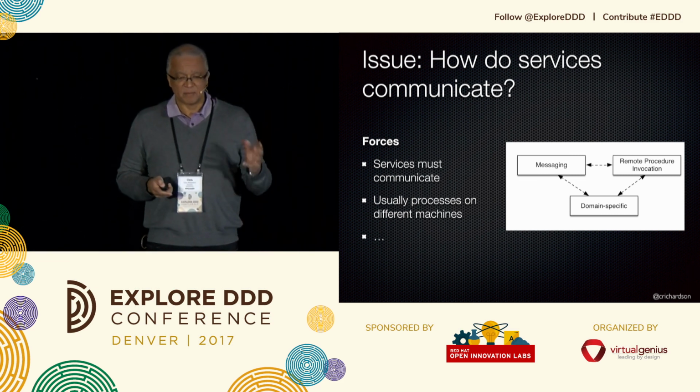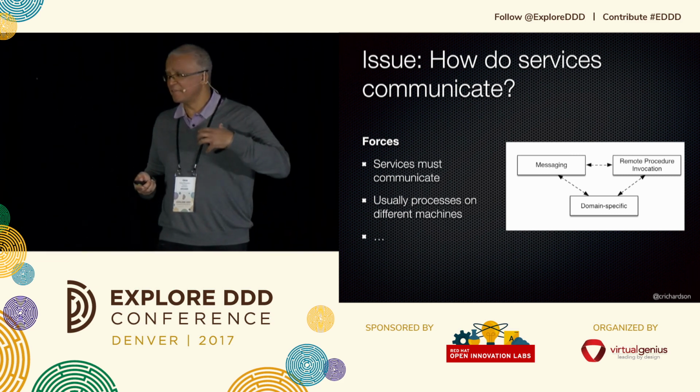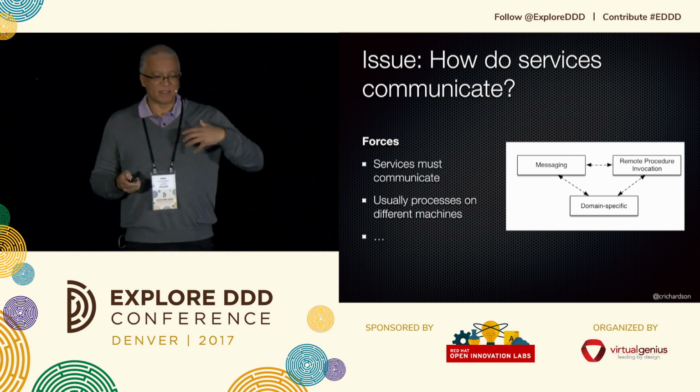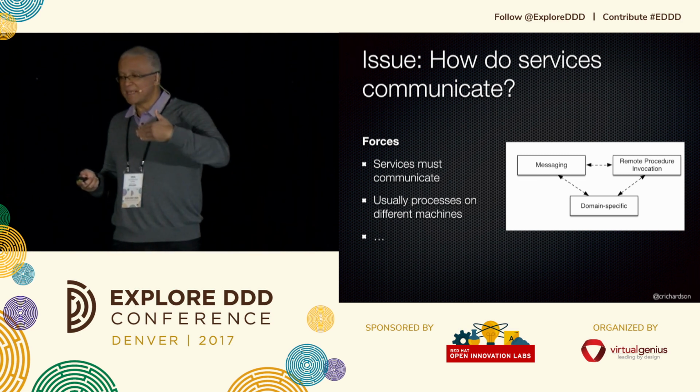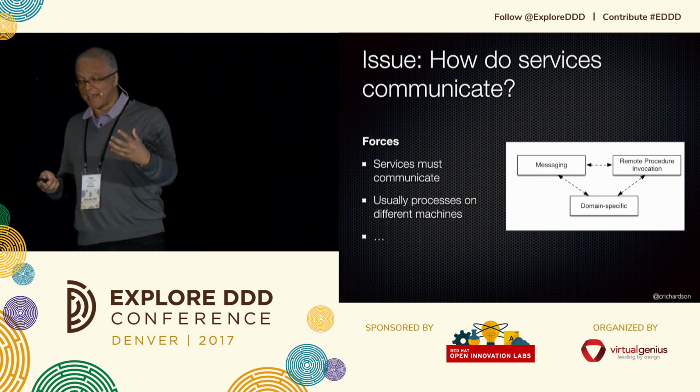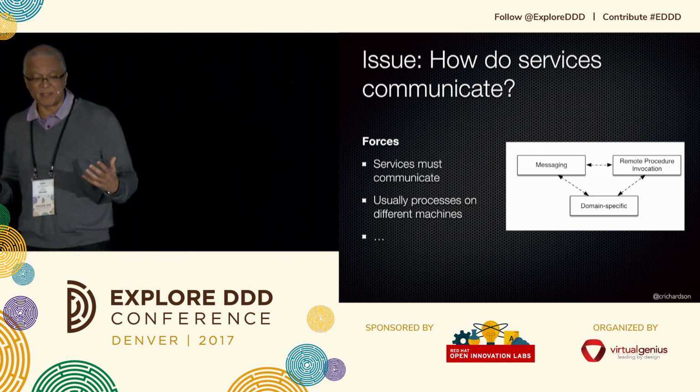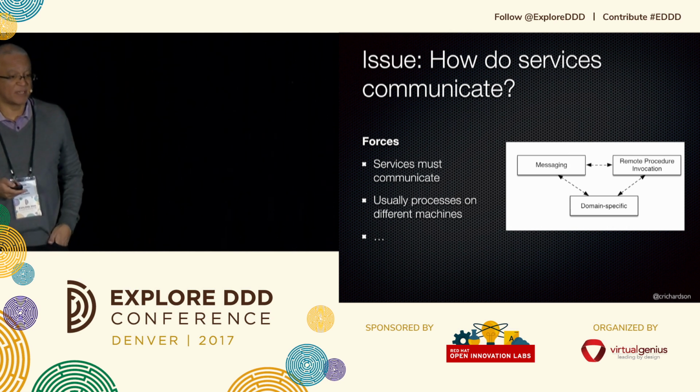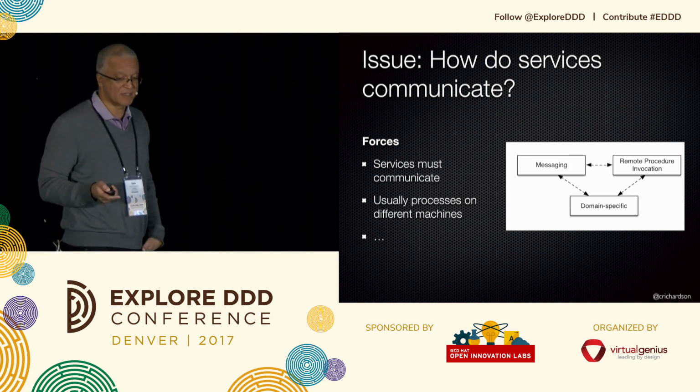We've mostly focused on REST today, but I think you're going to see that messaging and events is probably going to be the predominant inter-process communication mechanism in a microservice architecture.